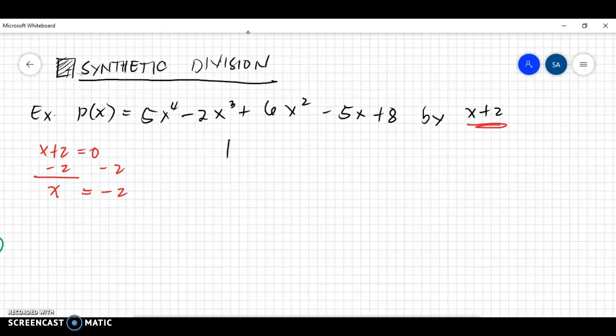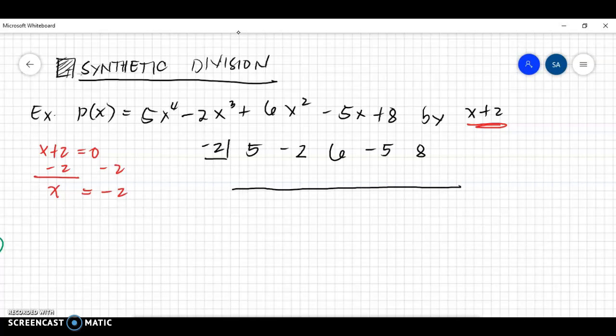Synthetic division follows the step-by-step process of synthetic substitution. So the value of our x is negative 2. Let's copy the coefficient of each term. So we have positive 5, negative 2, 6, negative 5, and positive 8.